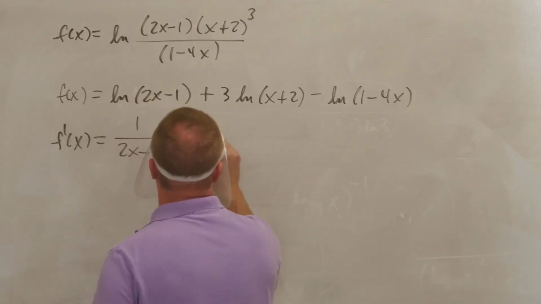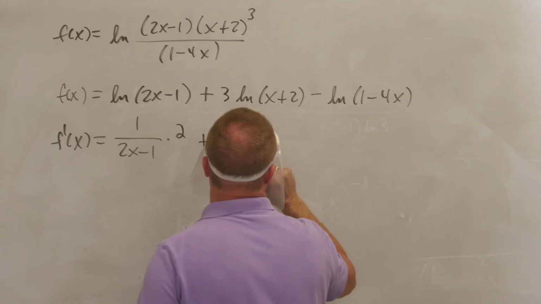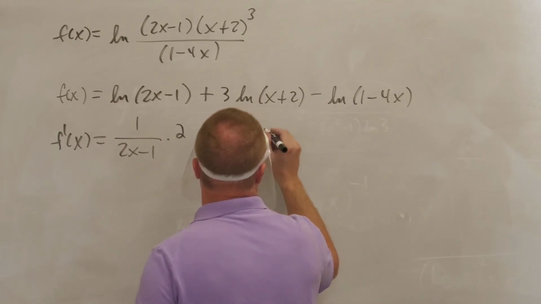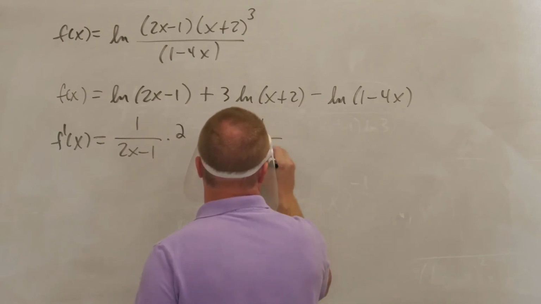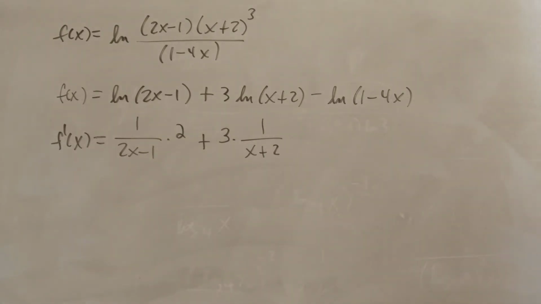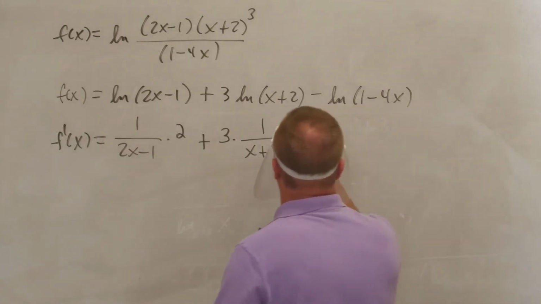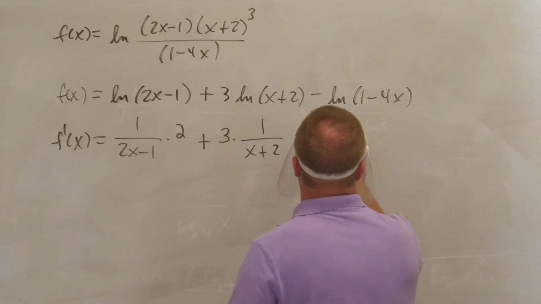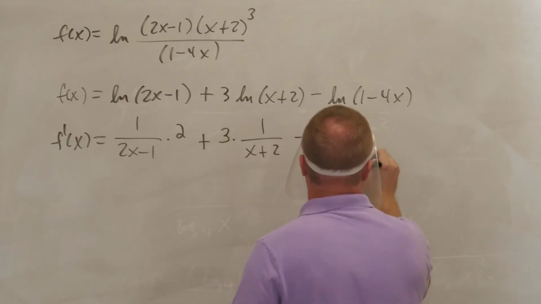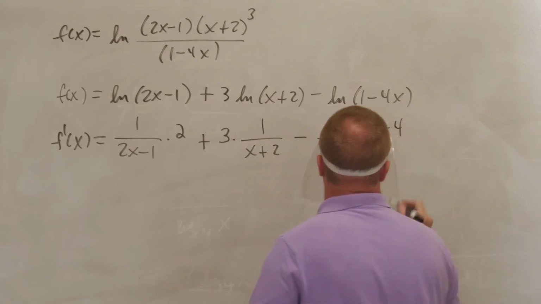And then plus 3 times, all right, the derivative of the ln of x plus 2 is just 1 over x plus 2 times 1, right? And then minus 1 over 1 minus 4x times the derivative, which would be negative 4.